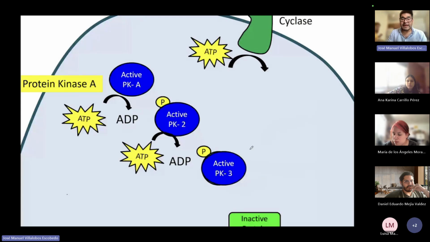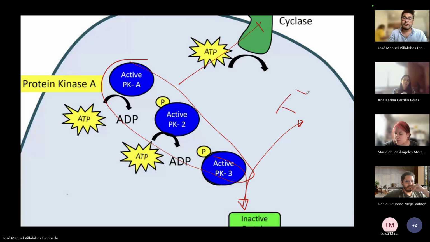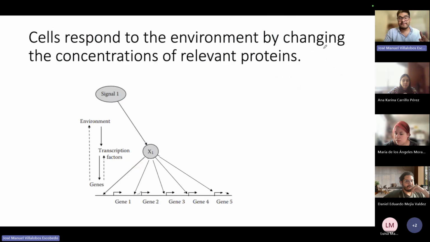So here I want to show you that we have a network, right? And we have a connection with a transcription factor. Many transcription factors can activate other transcription factors, and these transcription factors are also activating other genes. We are starting to see a very nice connection between the genes and between the proteins that we can describe in a graph.